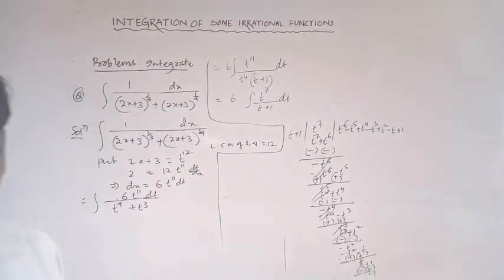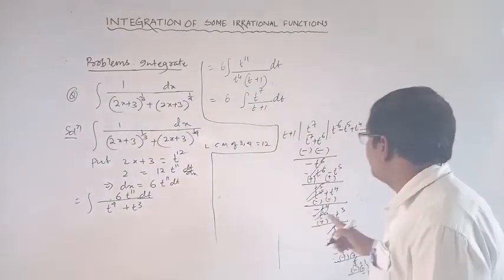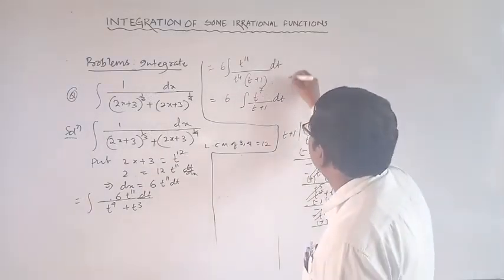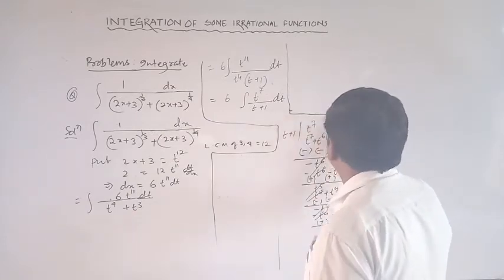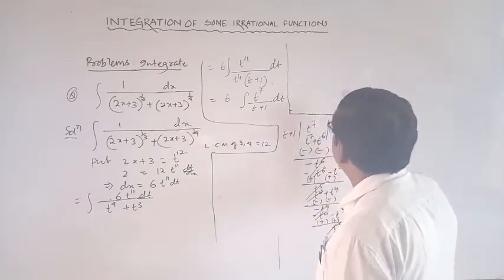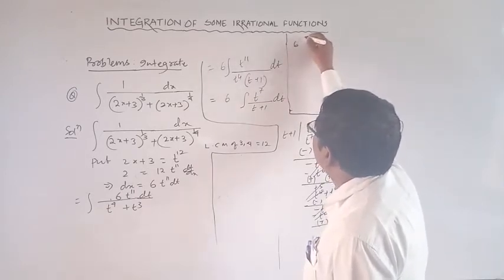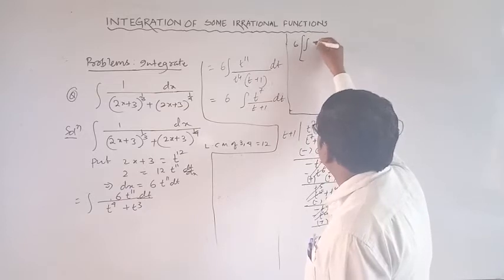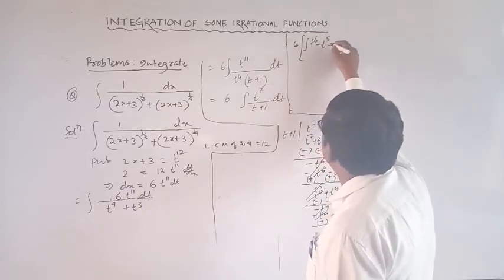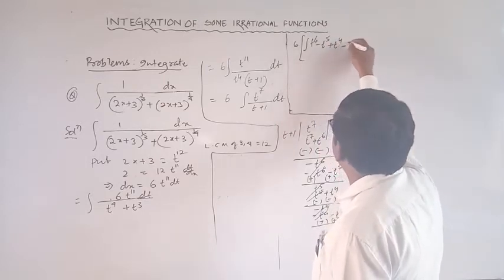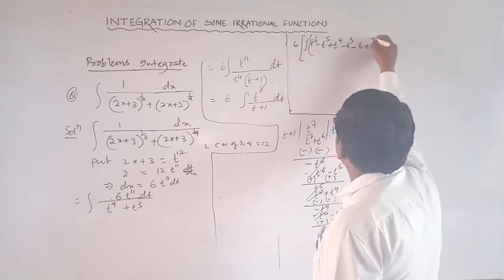So now this is the quotient. So what happens here? Quotient means integration of t^6 minus t^5 plus t^4 minus t^3 minus t plus 1 into dt.